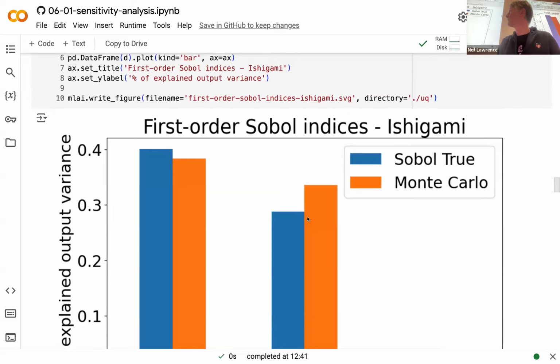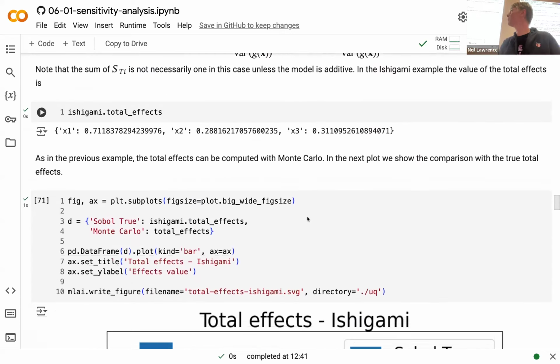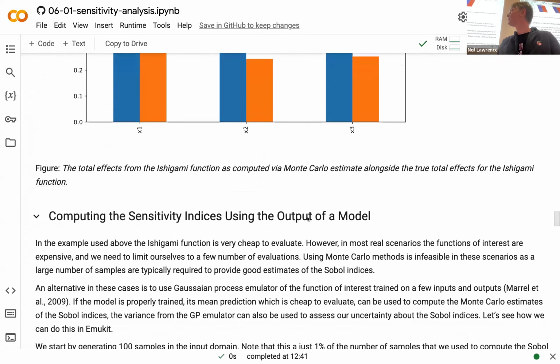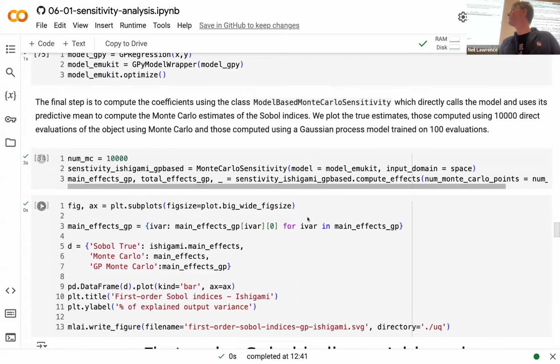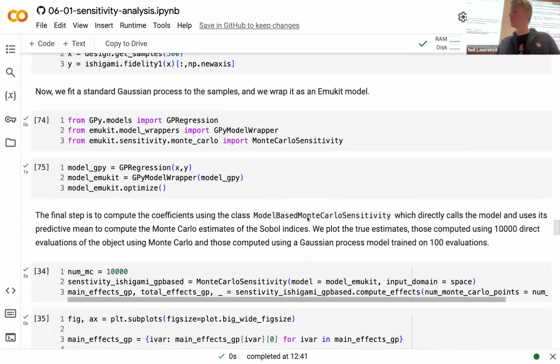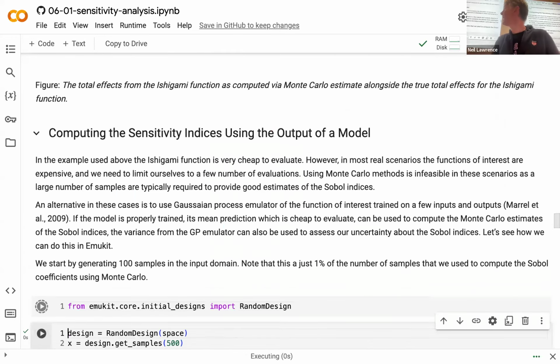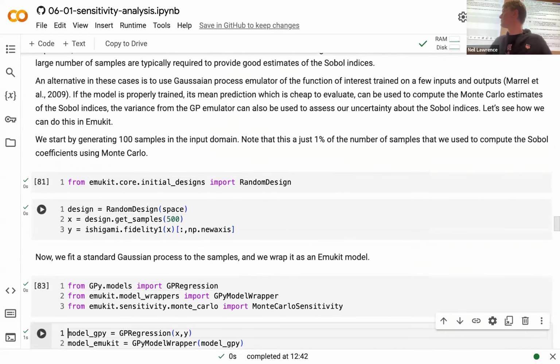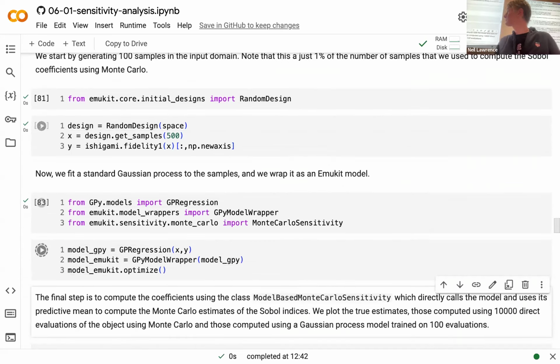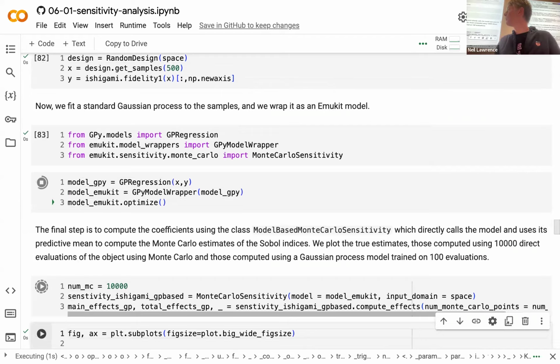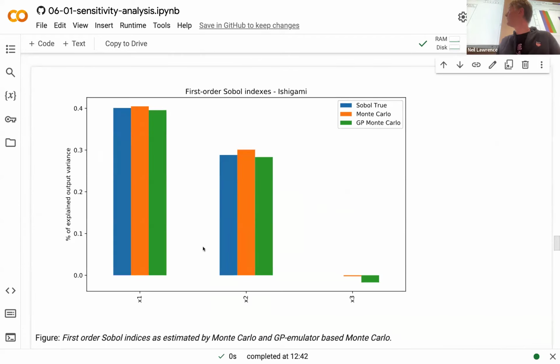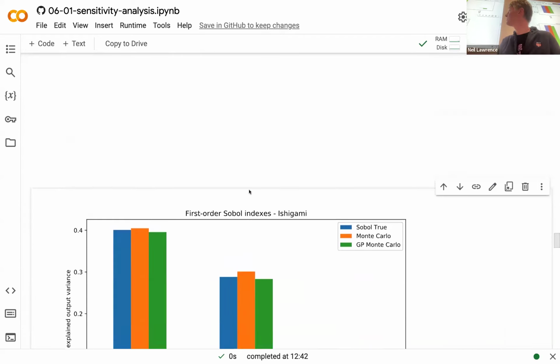Okay, so that's what it's giving us with 500 samples. And that's what we're going to use to fit the Gaussian process. So we're basically using 500 samples to fit our Gaussian process, which is this piece here. And then once we've got that, we're doing the Gaussian process Monte Carlo.